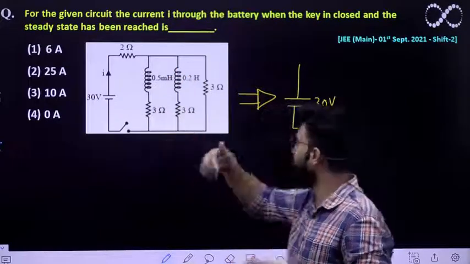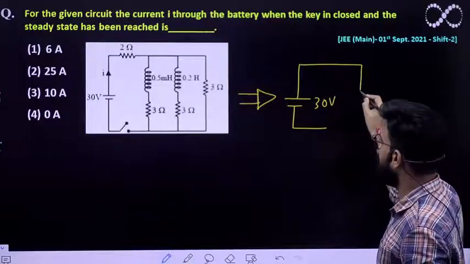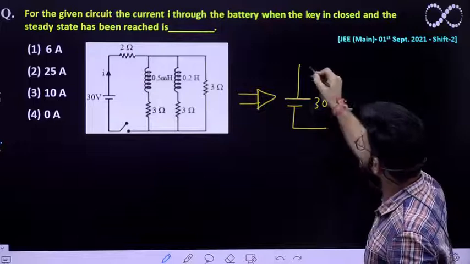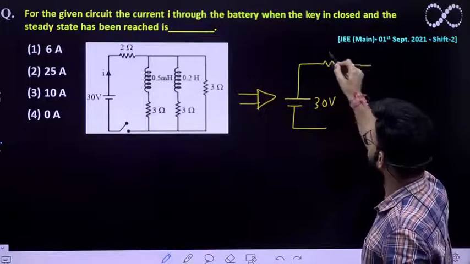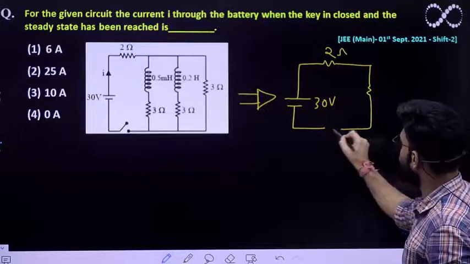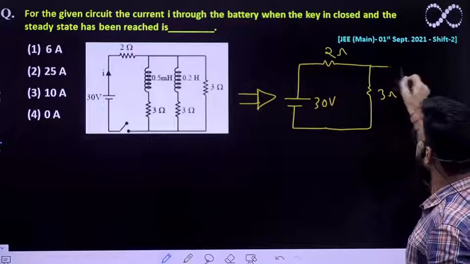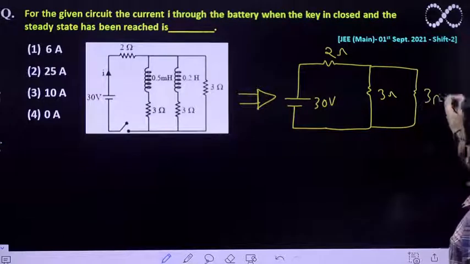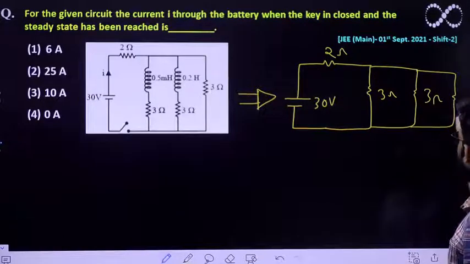So we can visualize this question as consisting of a 2 ohm resistor along with a 3 ohm resistor, along with this additional 3 ohm resistor, and one more resistor which is also 3 ohm.